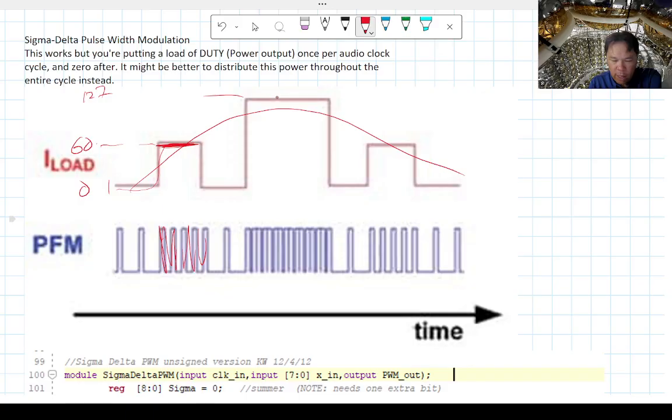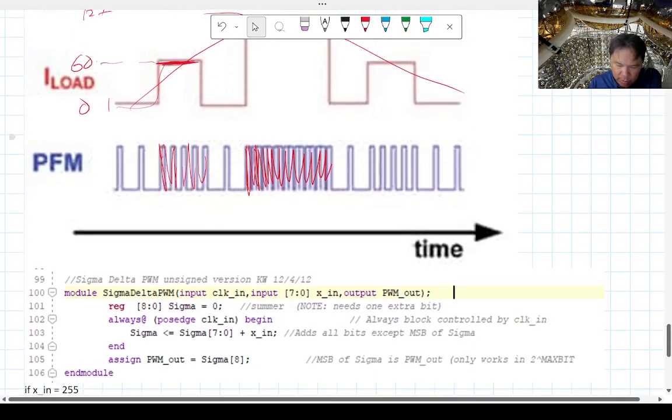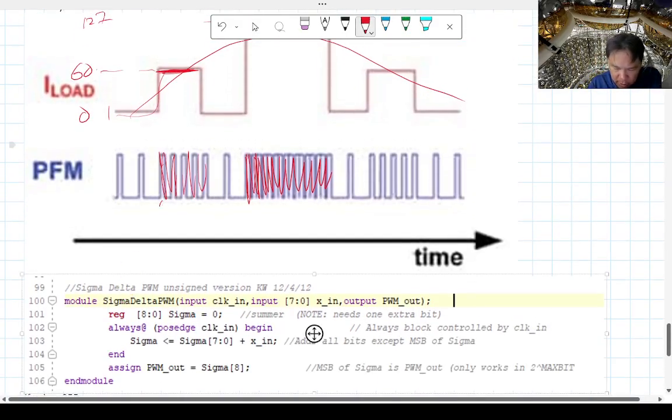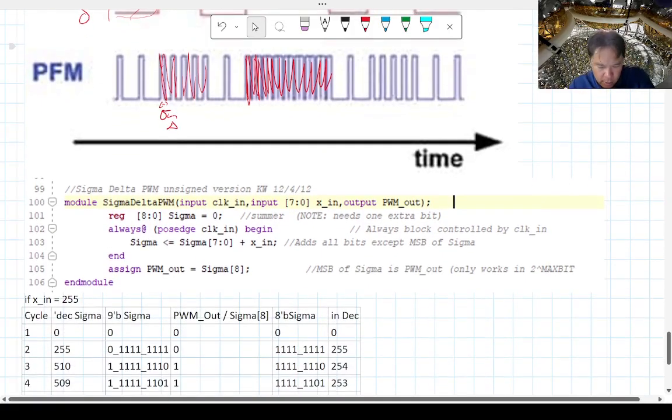But when you have a high digital number that you're trying to convert to analog, you pulse it very often, okay? And this is known as sigma delta. Sigma is these widths, and delta is the distance between them, okay? And this is how you can do pulse width modulation using this technique instead.